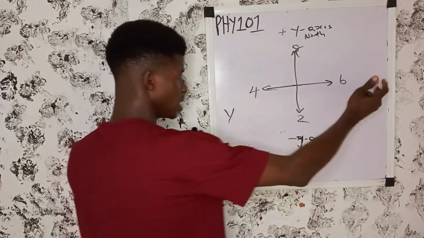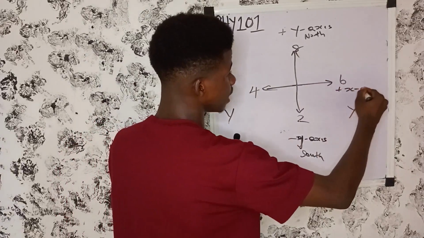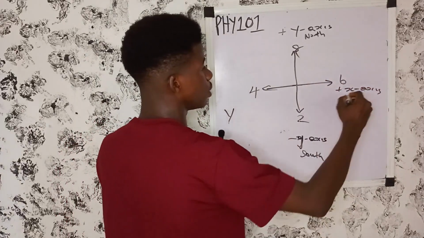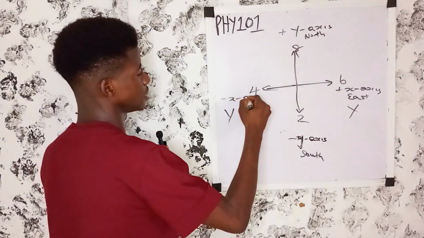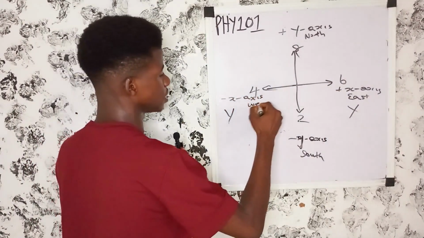Then this one is known as the positive x-axis, can also be called east, while this side is known as the negative x-axis, can also be called west.